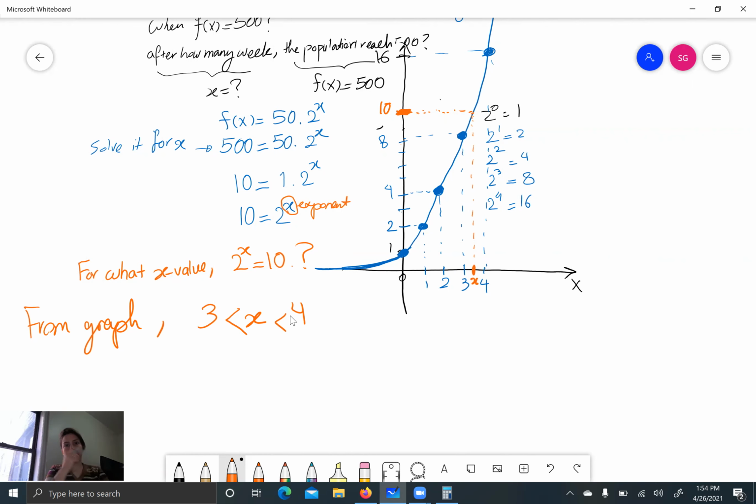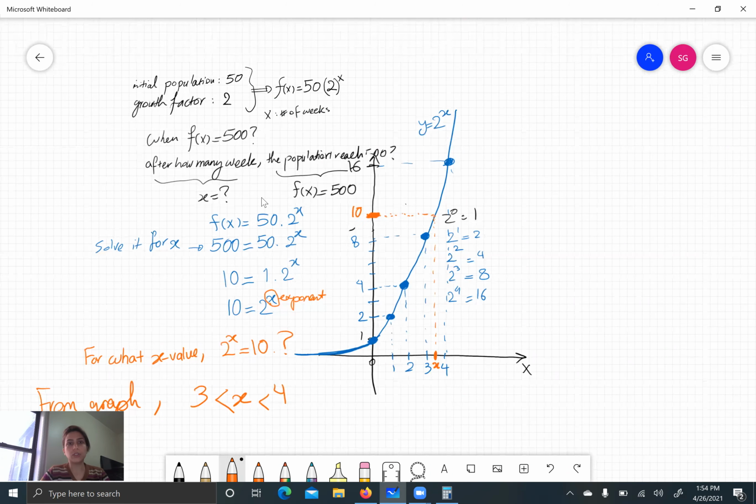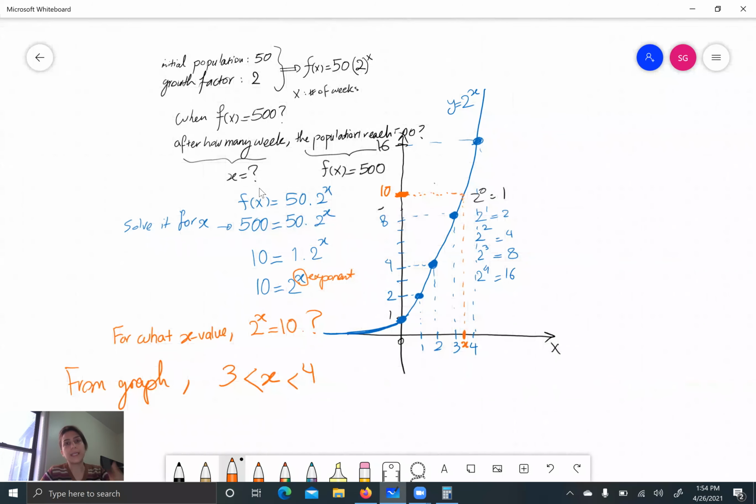The original question is after how many weeks we reach the population of 500. I know it's somewhere between 3 and 4 weeks, but what is the exact answer? So you see, even if we use the graph, we still only have an estimation of the x value. We don't have the exact value.